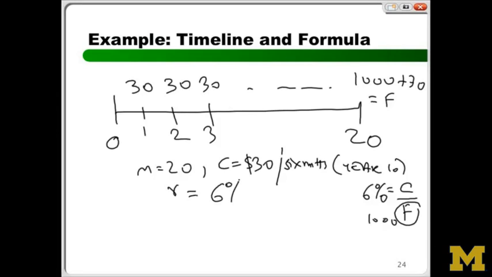R was 6% per year, which is what? 3% per 6 months. Everybody got the details? So it's a very straightforward problem to do.